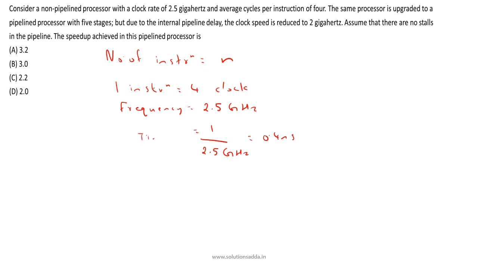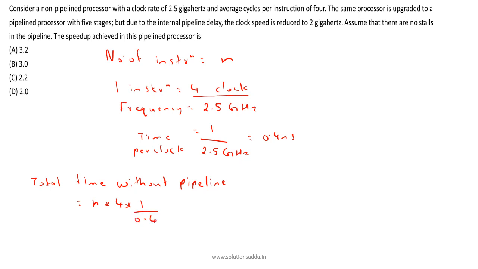So the total time without pipeline, assuming n instructions, is n into 4 into 0.4 nanoseconds. This is the first point.